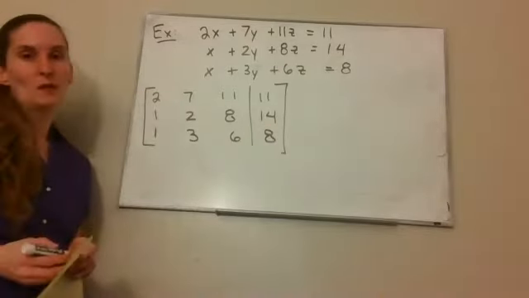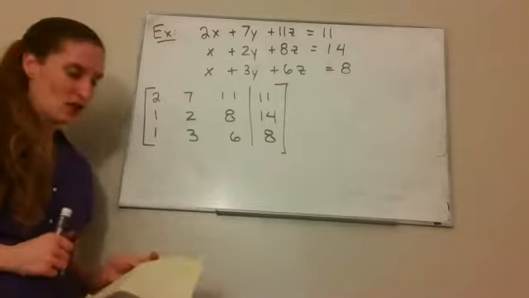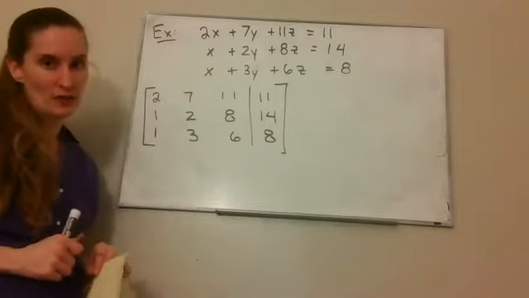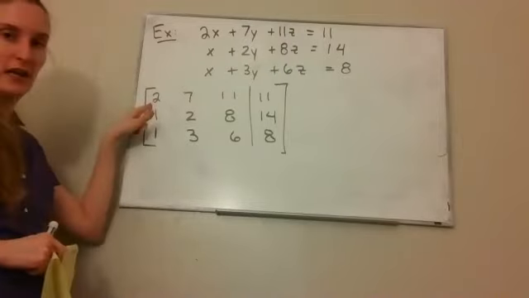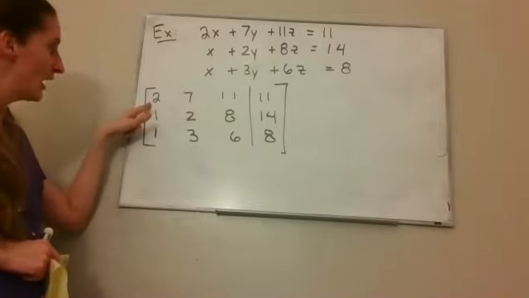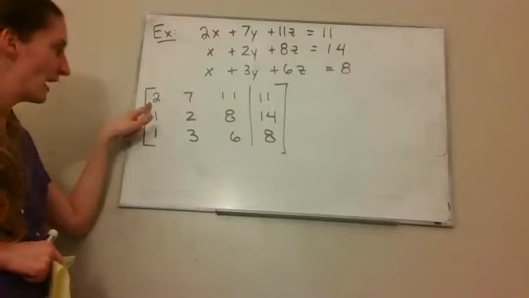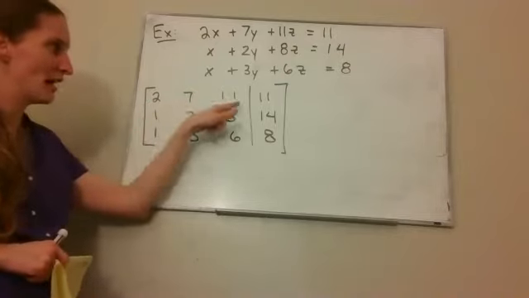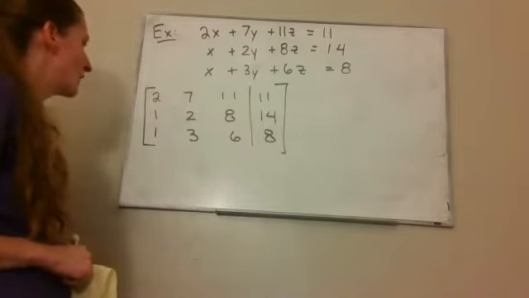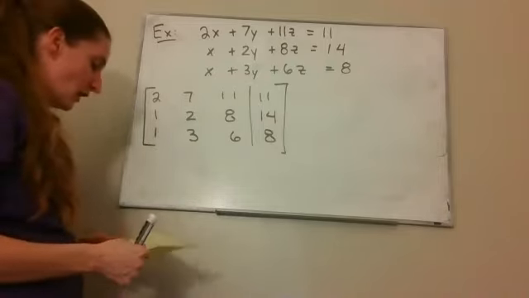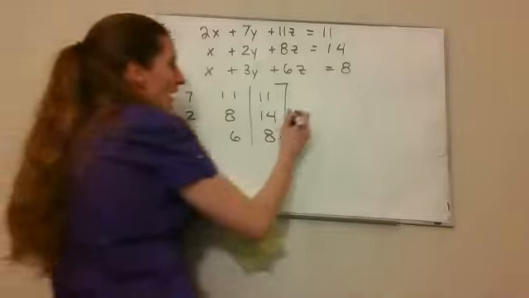I'm going to use Gauss-Jordan elimination again, so putting it all the way in reduced row echelon form. The first thing I want is a 1 in this upper corner. I could just multiply by 1/2, but I don't want to deal with 7 halves and 11 halves in my problem. So instead, I'm just going to swap 2 rows. I'm going to swap row 1 and row 2.